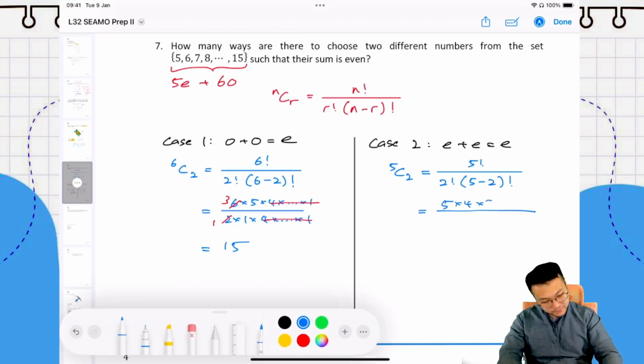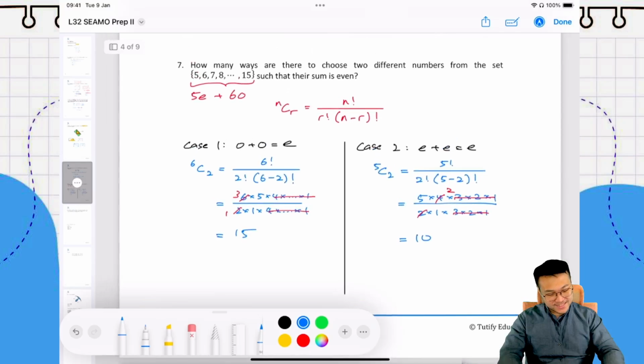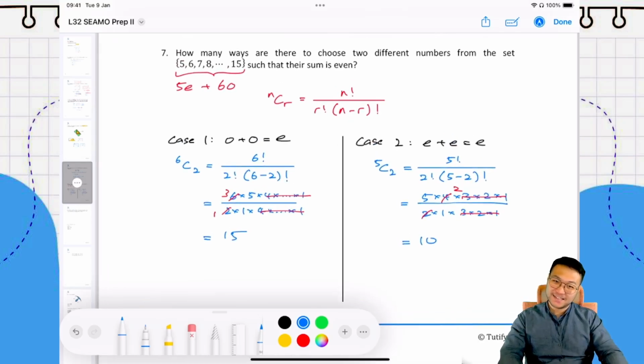So you get 5, 4, 3, 2, 1. Never mind, I'll just write the number 2. Then we'll have another 3, 2, 1, and the 3, 2, 1 will be gone. So what do we have? 10. And so therefore, what's the answer? How many ways are there to do this? 25. Congratulations! Well done, Max. You got it. Good job.